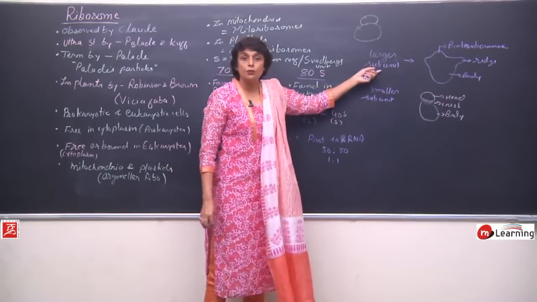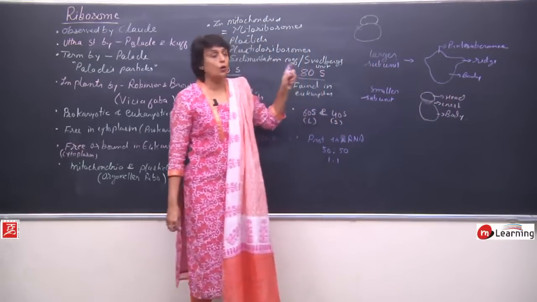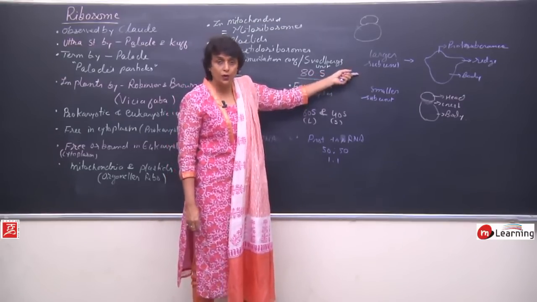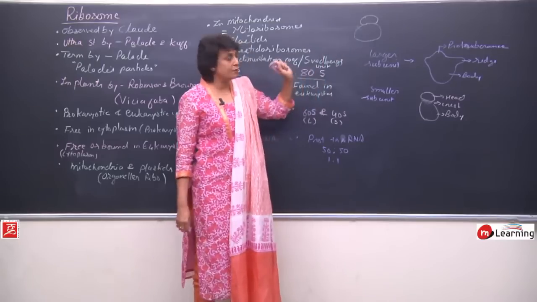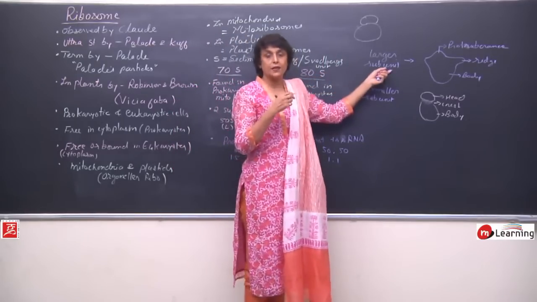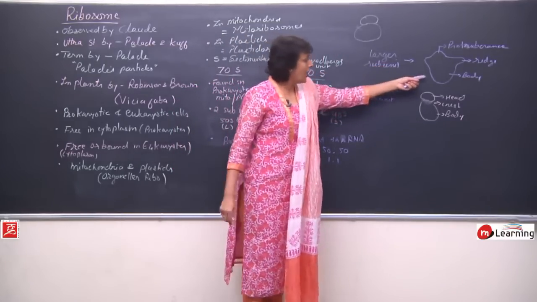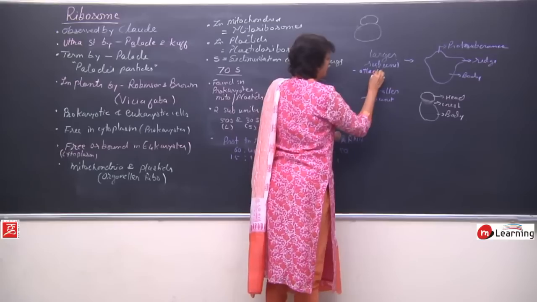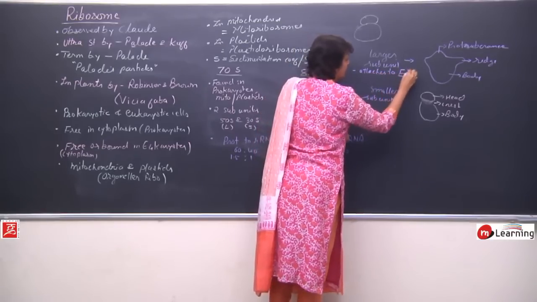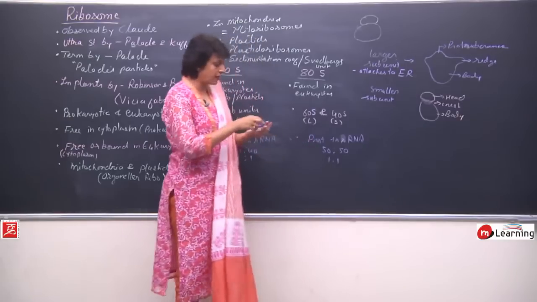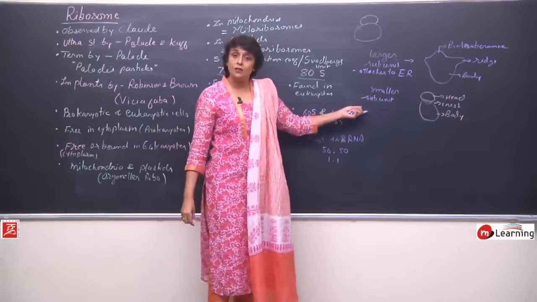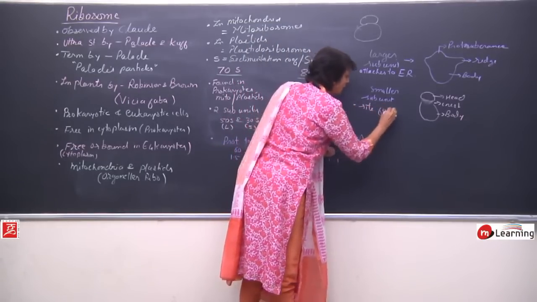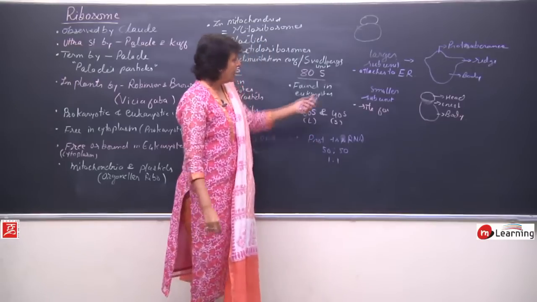The larger subunit attaches to the wall of the endoplasmic reticulum with a protein called ribophorin. We talked about ribophorin and the endoplasmic reticulum. There are two ribophorins, ribophorin 1 and 2, which are proteins, and the larger subunit attaches to the ER. Very, very important: the smaller subunit has a site for attachment of mRNA.